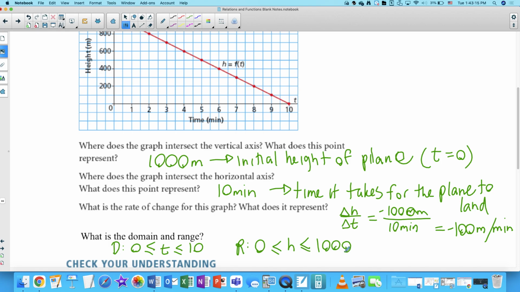How would you talk about the domain? You would say it goes from 0 to 10 minutes or something like that. So it's more easily understood by everyday people who aren't taking math in high school or beyond, and that's probably why we use inequalities more in contexts. But if I don't specify, I don't care.